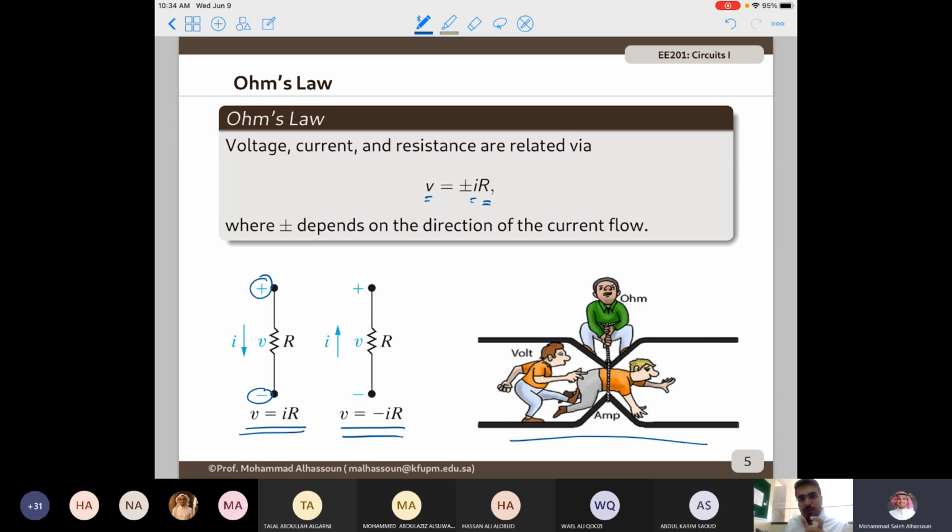And the property of the resistance of the material is trying to stop or minimize this flow of electrons. So think about it this way: the force is kicking electrons into the material, and the resistance is trying to stop charges from being transported inside the material. Yes, Ahmed.